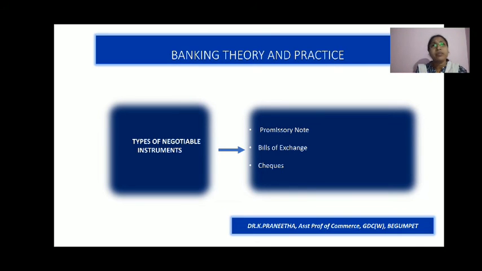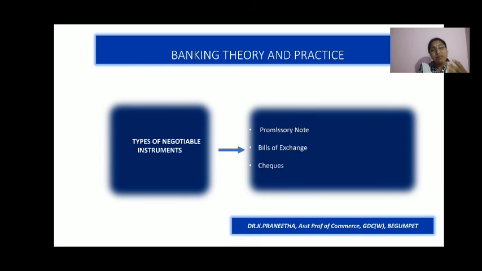A check, therefore, is an unconditional order in writing addressed by a customer, with a signature, to the banker, requiring him to pay on demand a certain sum of money to a specified person or to the bearer of the instrument.